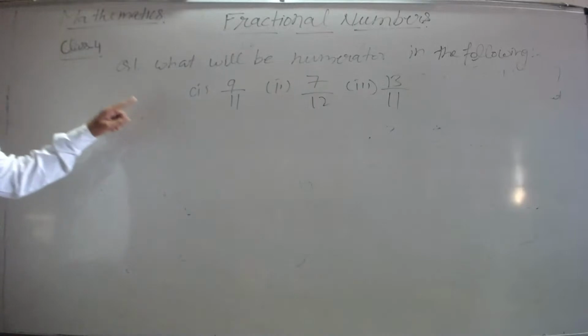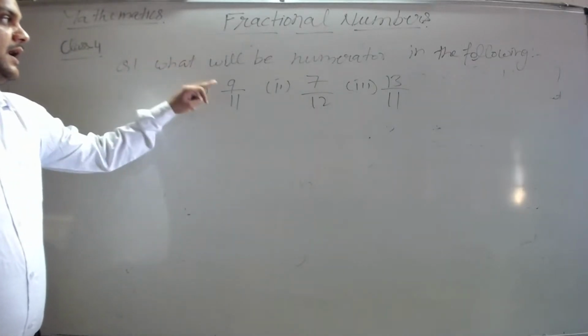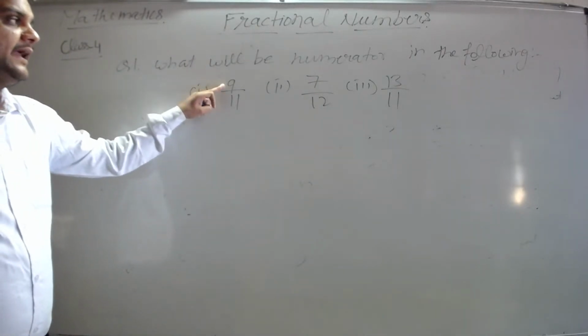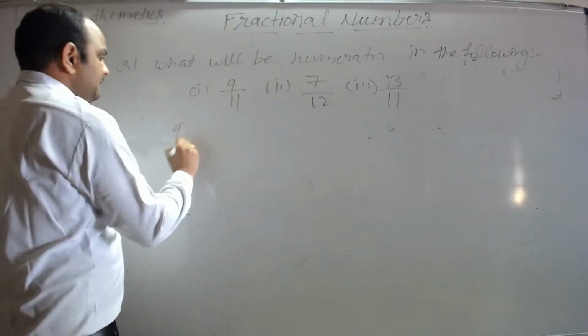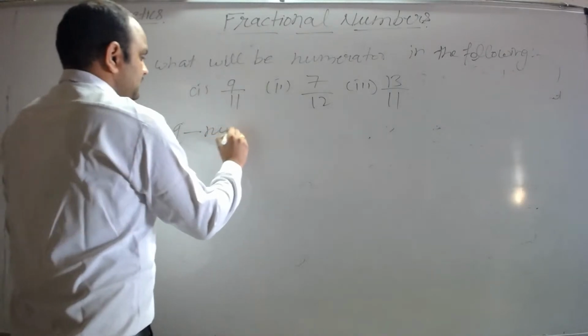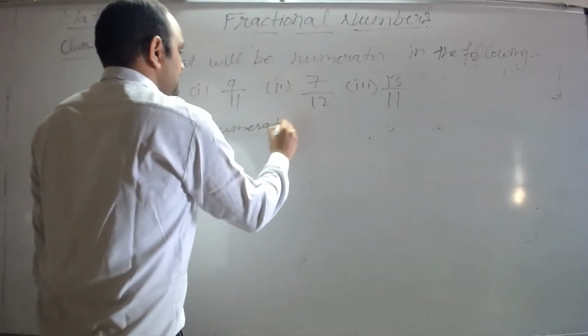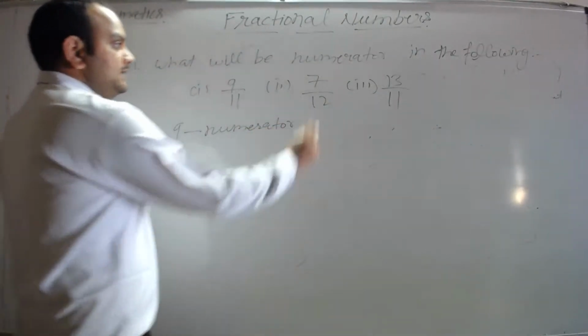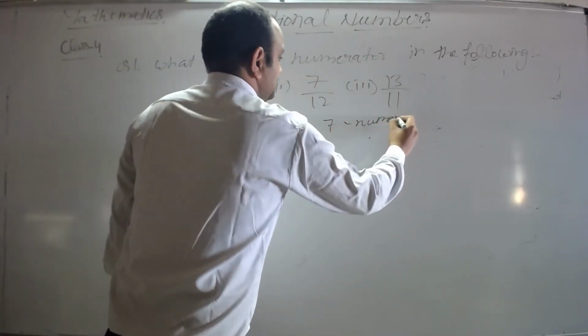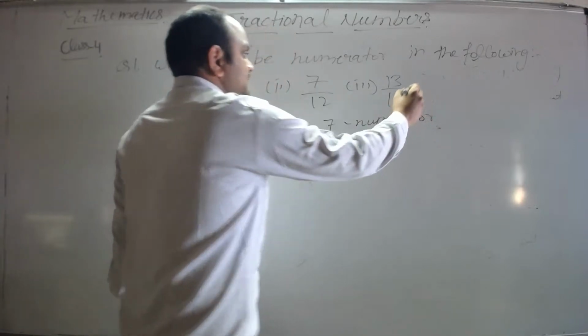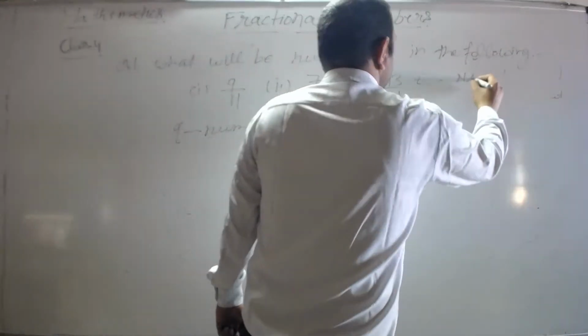So for the numerator we will see the top number. In 9 by 11, 9 will be the numerator. In 7 by 12, 7 will be the numerator. In 13 by 11, 13 will be the numerator.